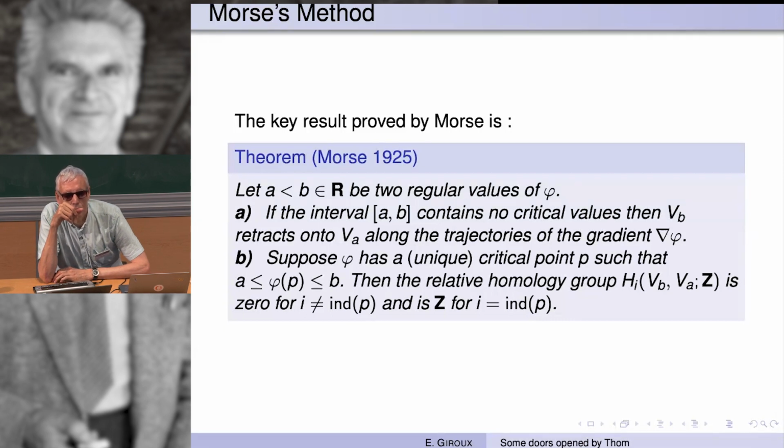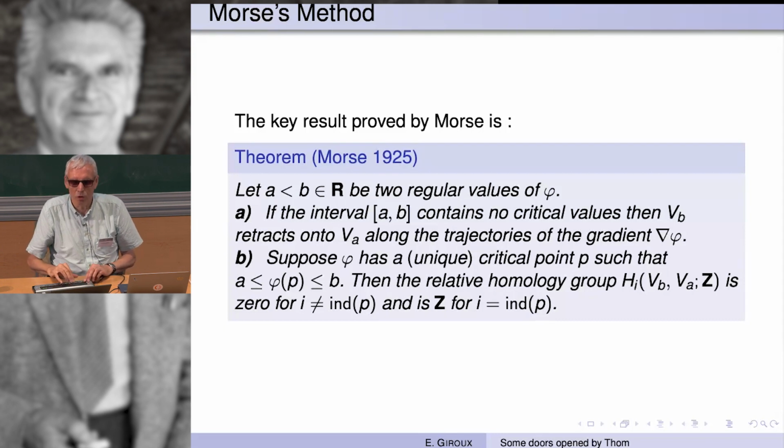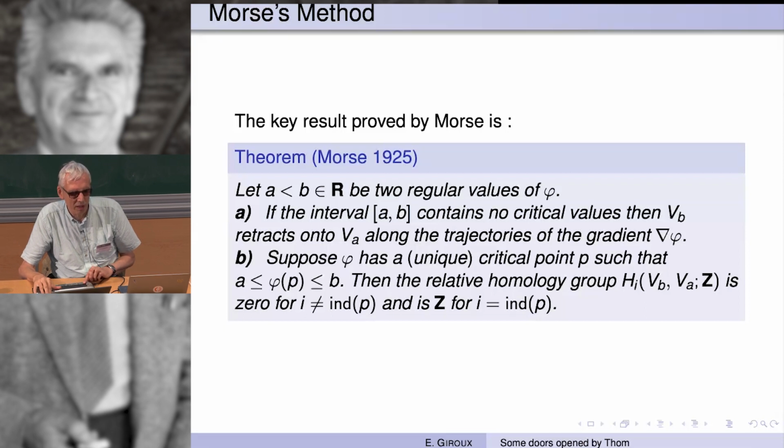But even if you use the Morse lemma to have nice coordinates near a critical point, the metric in these coordinates can be complicated, and so you don't control very well the gradient. And he was apparently not aware of the stable manifold theorem, for example. So he worked hard to control the behavior of the gradient near the critical point. And that's why he gets this result in homology.